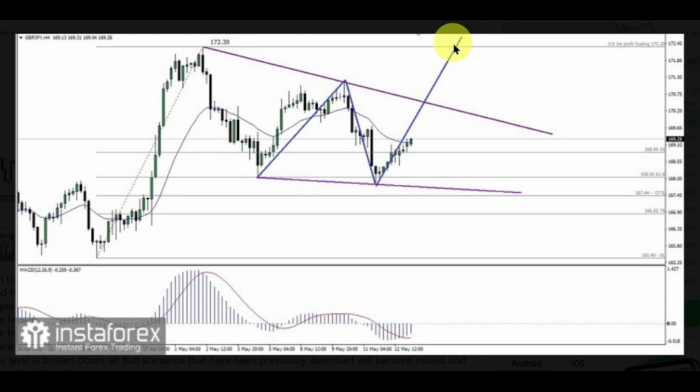As long as it's on its way to these targets, there will be no significant downward correction, unless it breaks below the 166.46 level, because if this level is broken down, the bull scenario previously described will become invalid and cancel itself.